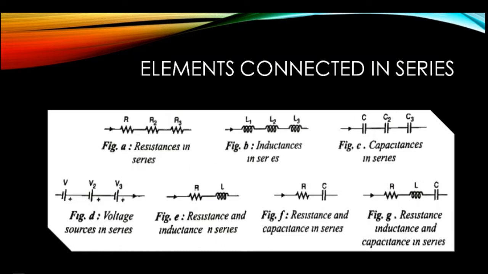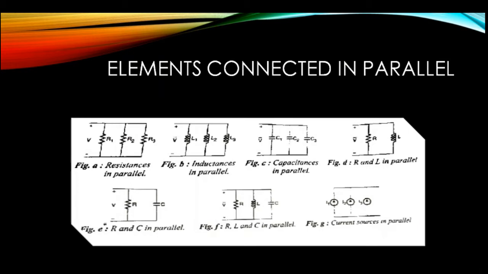Here we have resistance, inductance, capacitance, voltage, a combination of resistance and inductance, a combination of resistance and capacitance, or a combination of all the three connected in series, and a few combinations of elements connected in parallel are shown here: resistance, inductance, capacitance, or R and L, R and C, or a combination of all the three, and current sources connected in parallel.